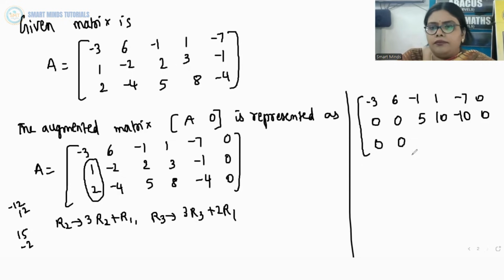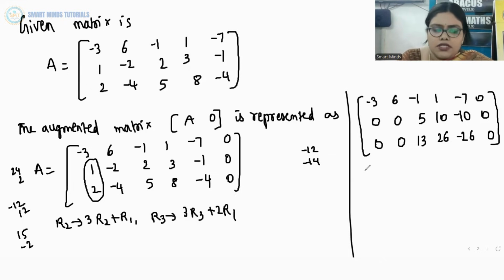This is 13. Next, 8 into 3 is 24, and 1 into 2 is 2. 24 plus 2 is 26. Then -4 into 3 is -12. -7 into 2 is -14. That is -26. And this will be 0. You understood how I applied the row transformations?